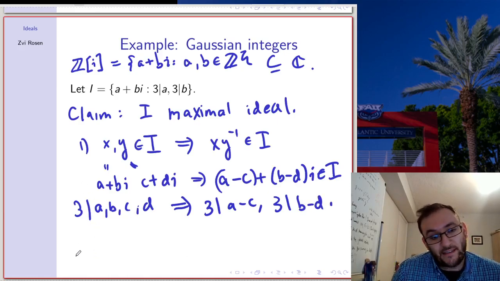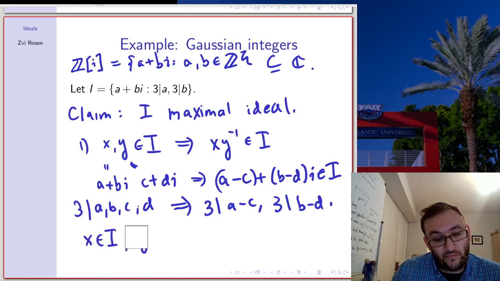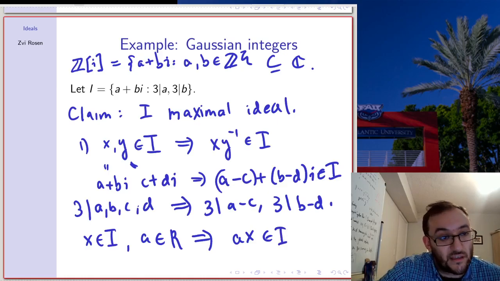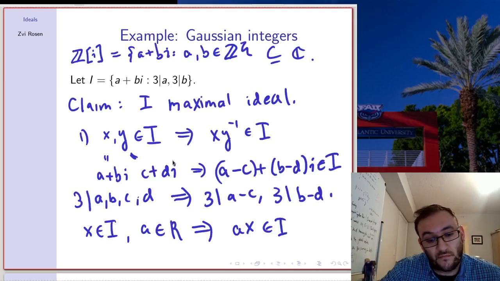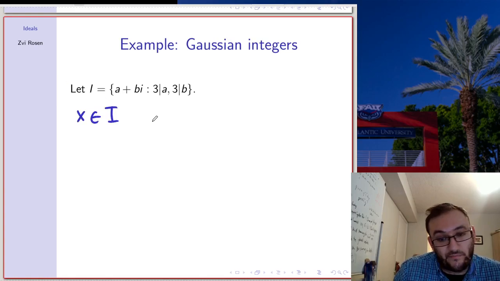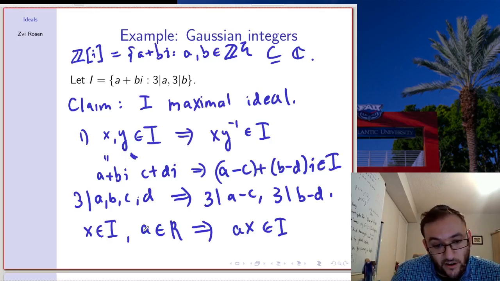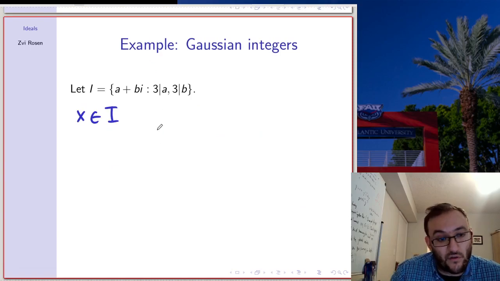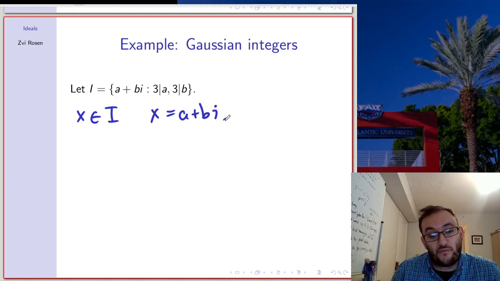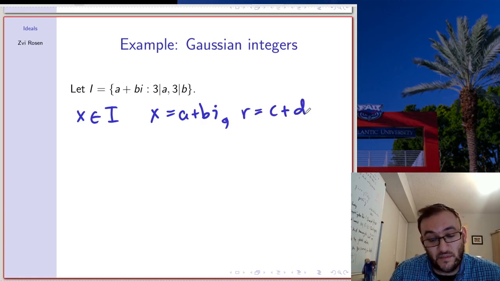And then we want to show that if we have x in I, and let's make it r in R, then rx is also in I. So let's show this to be the case. x in I is of the form a plus bi, where a and b are both multiples of 3, and r is of the form c plus di, where c and d are not necessarily multiples of 3.